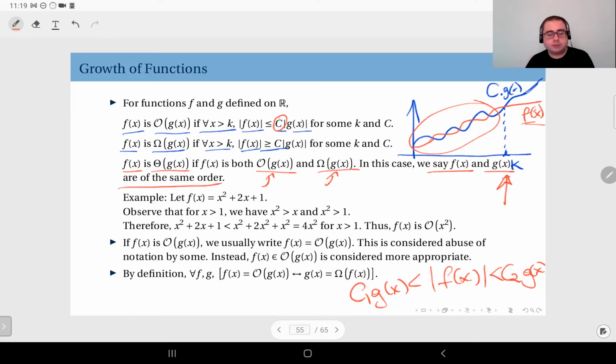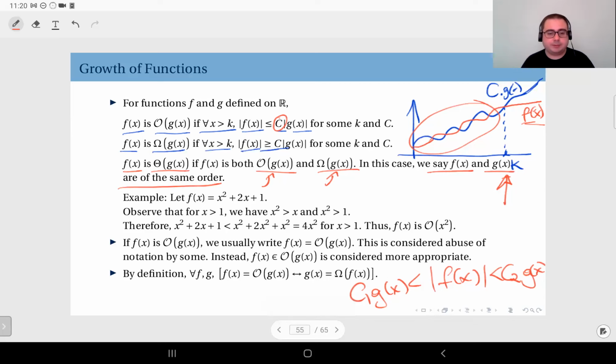So they grow at similar rates. Their exact values are not of concern here. In this theory, we are only interested in the type of behavior they present when their inputs get larger and larger.